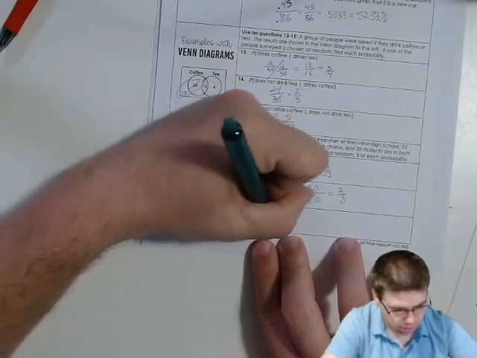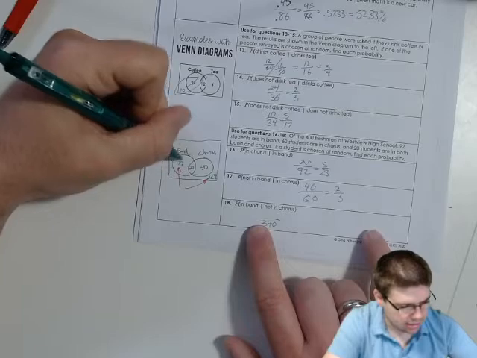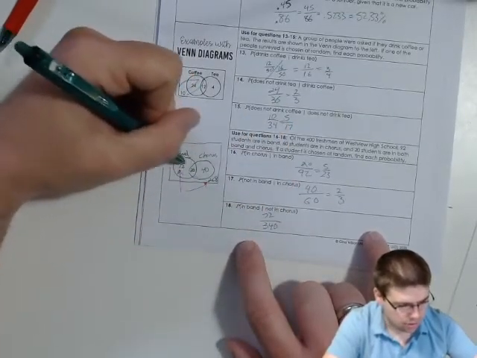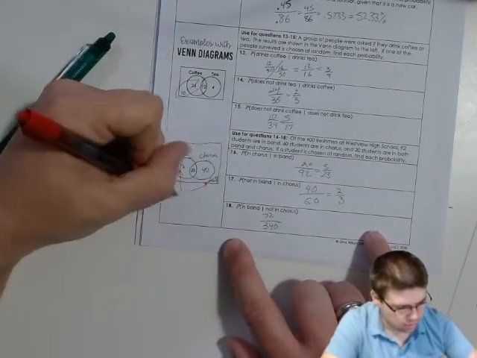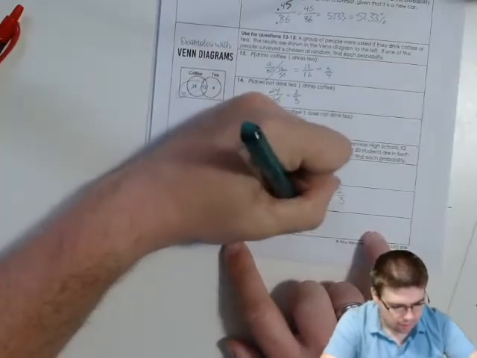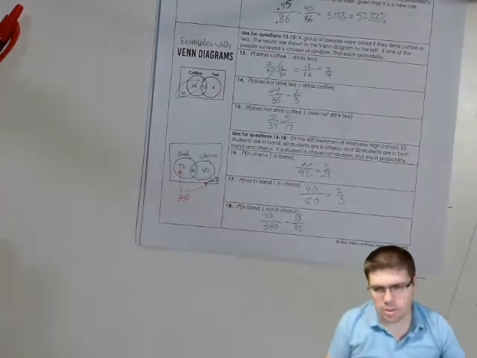So there's 340 students that are not in chorus. Out of 340, the proportion that are in band is 72. So not including the 20, just the 72 out of that 340. Right, that's what this was. And so that reduces to 18 out of 85. And you can do that as a decimal or percent as well.